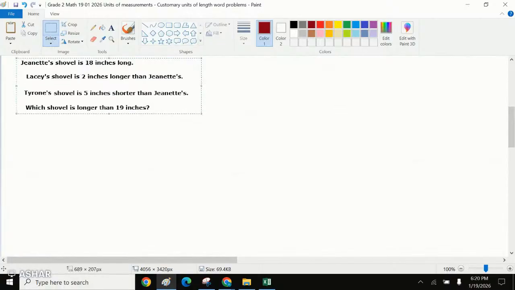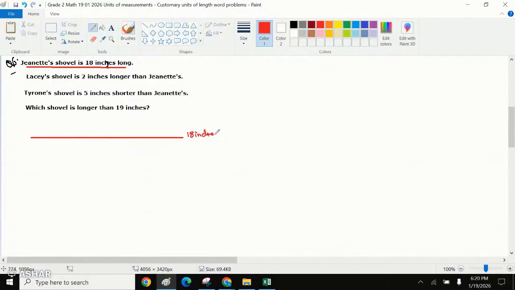So we have question number 6, and it states Janet's shovel is 18 inches long, right? So what we can do is create a line over here. We can say this is 18 inches, and that's for Janet's, right? The next one they are saying is Lacey's shovel is 2 inches longer than Janet's, right? So if this is the starting point, it would be plus 2, right?